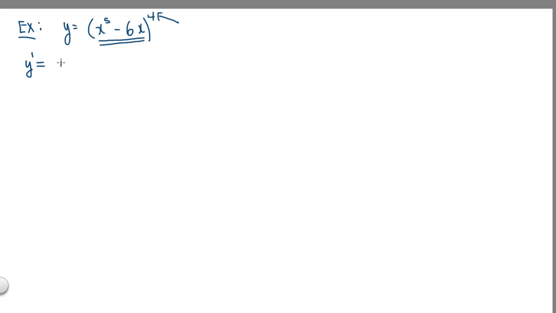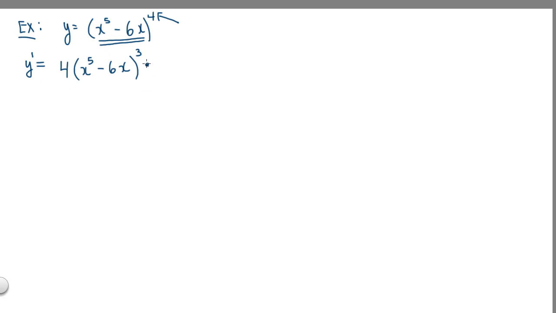So the derivative is going to look like 4 times our inside function raised to the 3rd power. Okay, and I usually write it like that. I just leave myself the bracket, just think about what the outside function is doing, then I fill in the details of what the inside function looks like. So that's the first part of the chain rule.